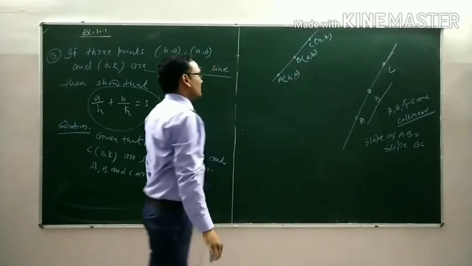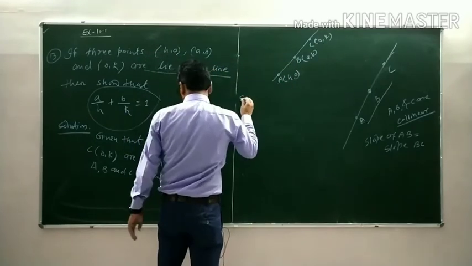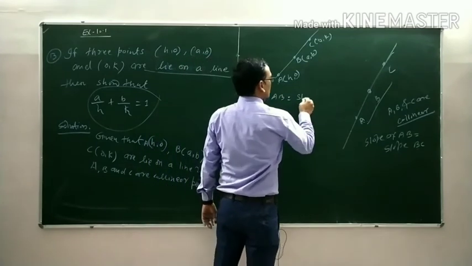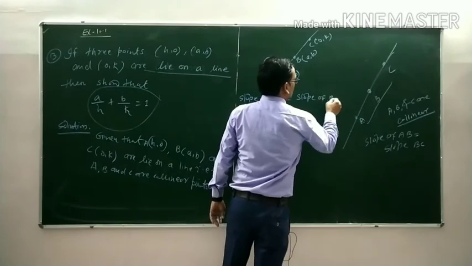Since they are collinear, the slope of AB equals the slope of BC.